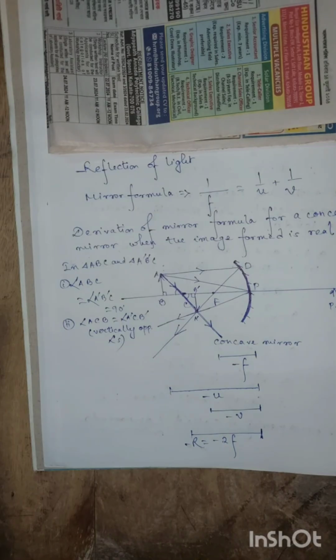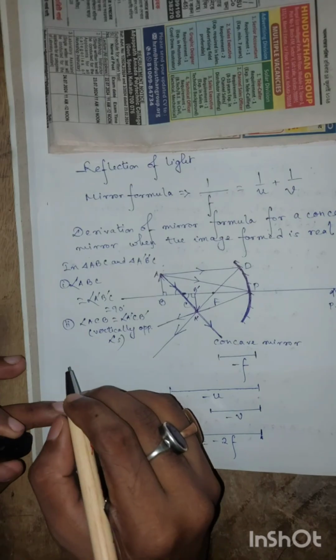When two different triangles have three sets of equal angles, then we can say these triangles are similar.